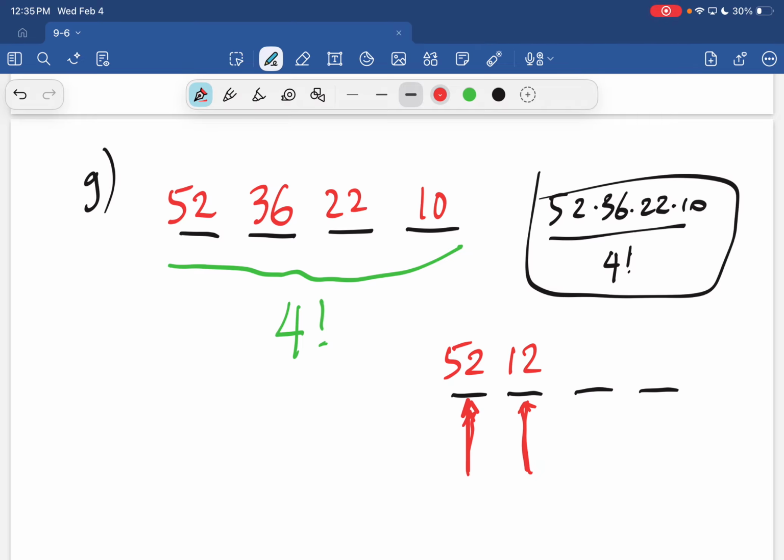I just simplified it. You're not overcounting by 4 factorial. You're actually only overcounting by 3 factorial. Because when you're setting up the question like this, you're implying that these 3 cards are the ones with the same suits. So you're only going to be overcounting within these 3 cards, because this one is always distinct.